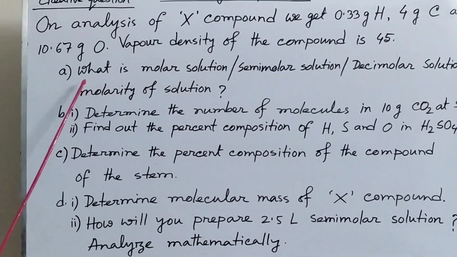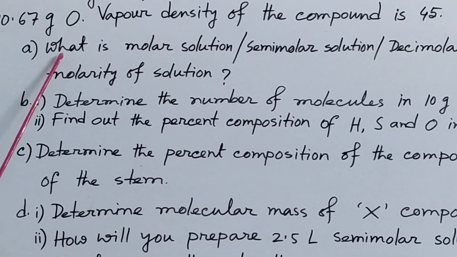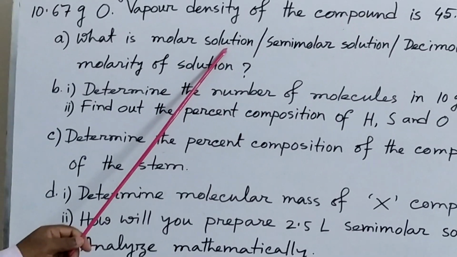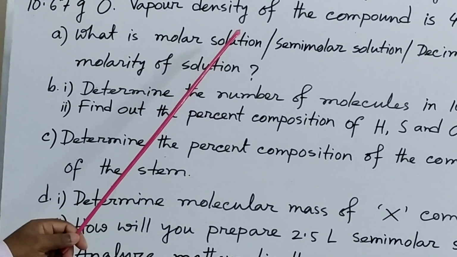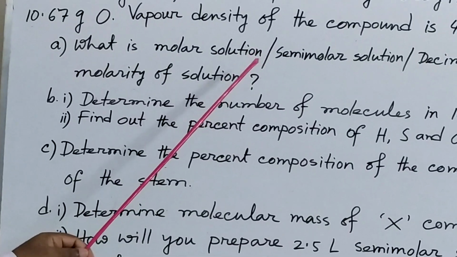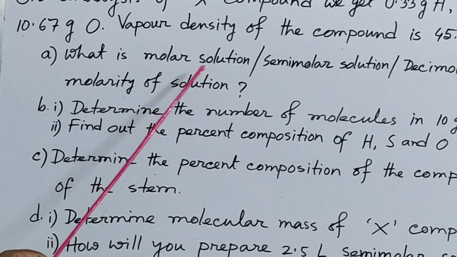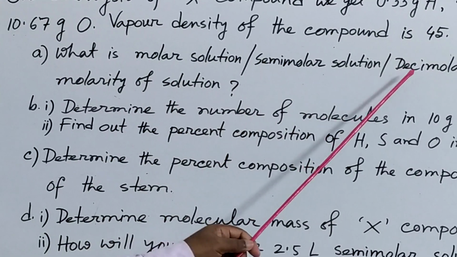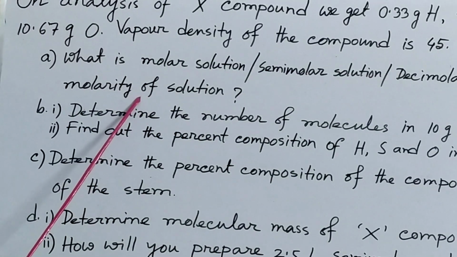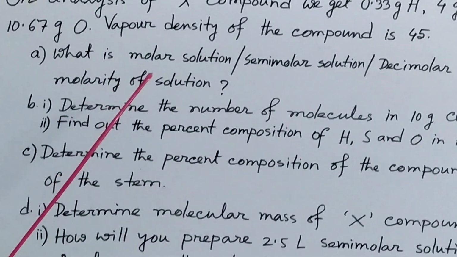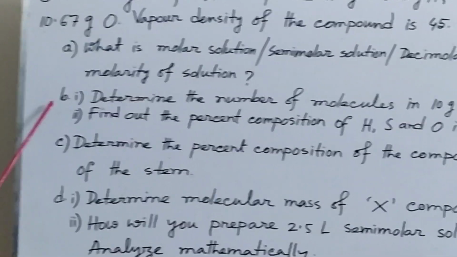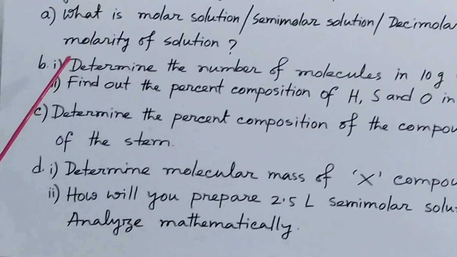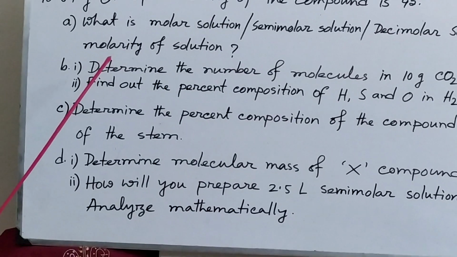Okay, all of you see that in number A, I have given what is molar solution. So, it is a knowledge based question. There may be different types: molar solution, semi-molar solution, decimolar solution, molarity of solution. Number B, also I have given two questions.